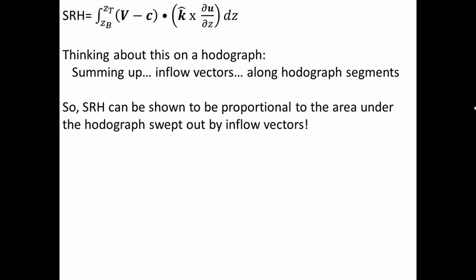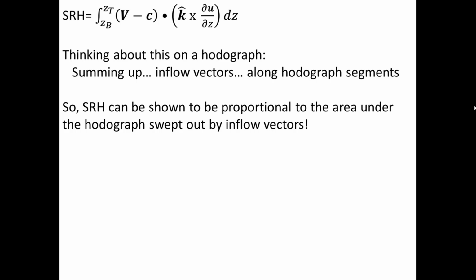So let's think about this computation a little bit more. We're taking the vertical integral of inflow vectors dotted with horizontal vorticity vectors through a layer of the atmosphere. We're effectively summing up the component of inflow vectors along what the hodograph is determining to be our horizontal vorticity vectors.